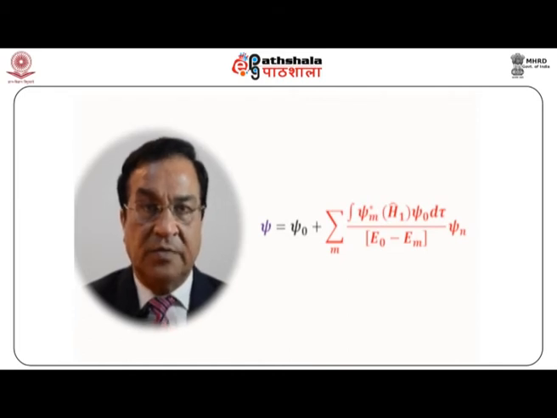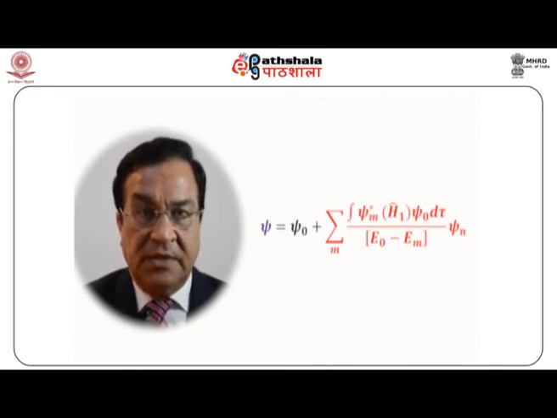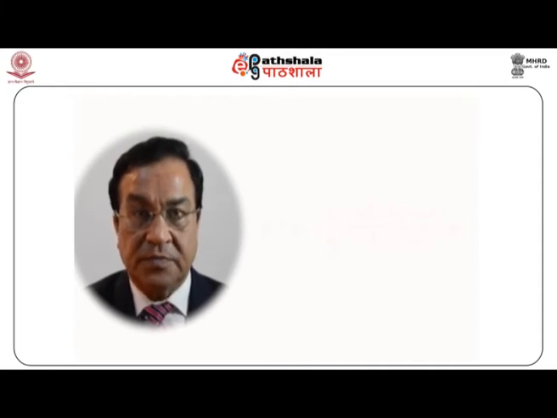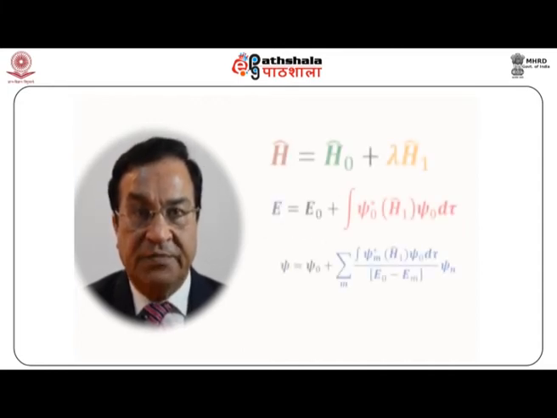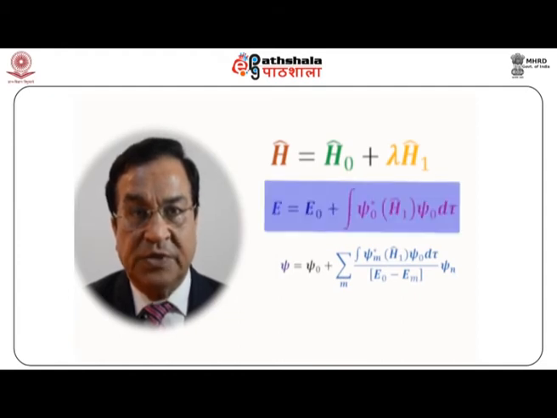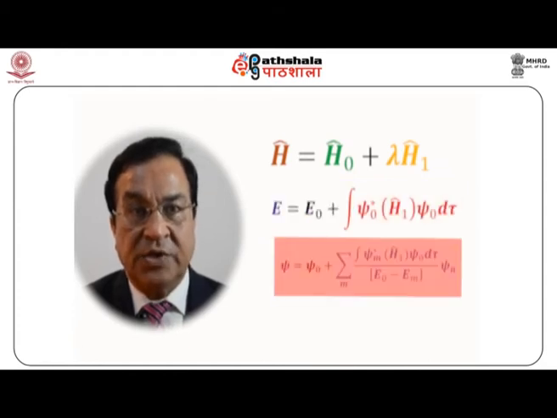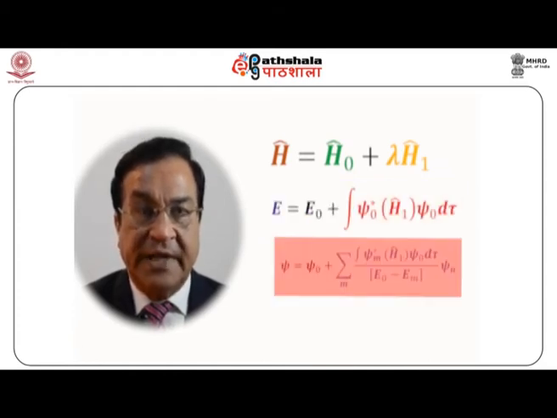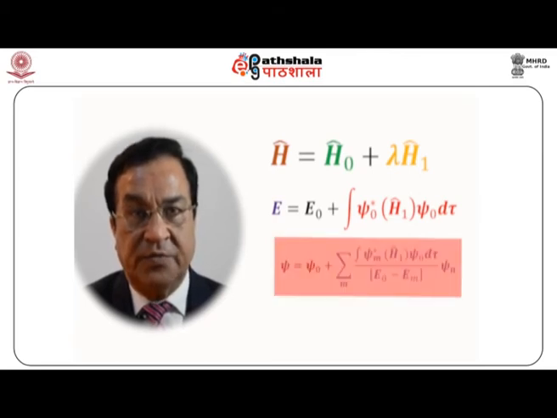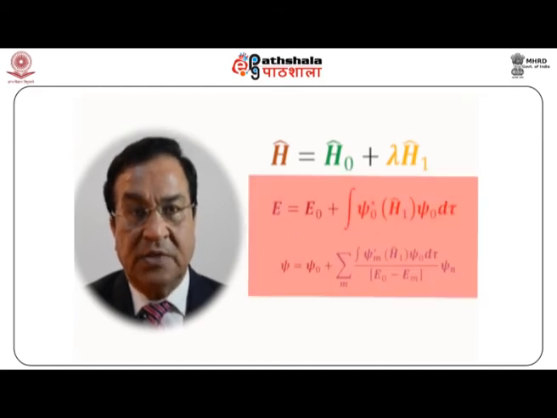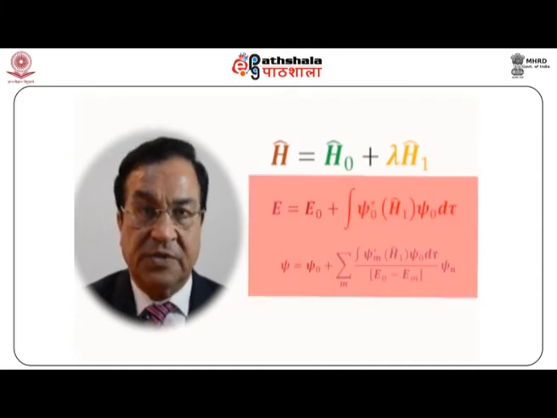You have seen now that in this first order perturbation theory, we have been able to derive various equations. One equation gives us the first order correction to the energy, and the second gives us the first order correction to the wave function. Using these two corrections, we can calculate the total energy and total wave function of the system.